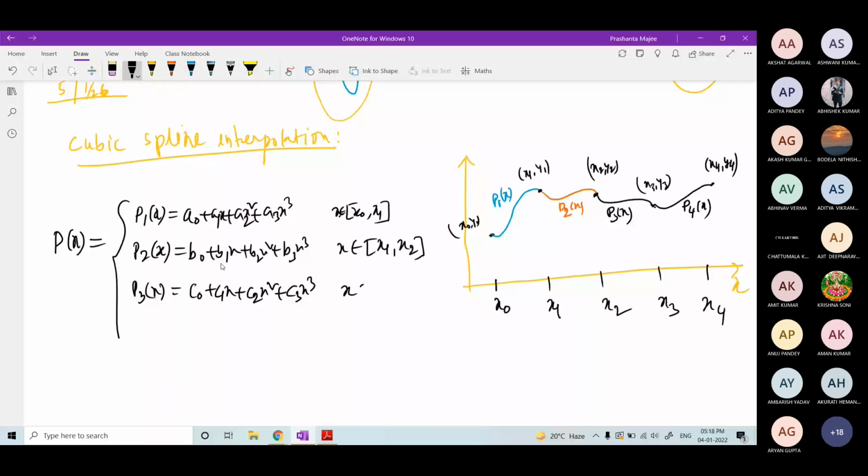Each subinterval will have a cubic polynomial which has 4 arbitrary constants. So total unknowns will be 99 into 4, so 396 unknowns. If you want to identify these 396 unknowns, you need 396 equations with 396 unknowns, is it not? So there should be 396 equations.